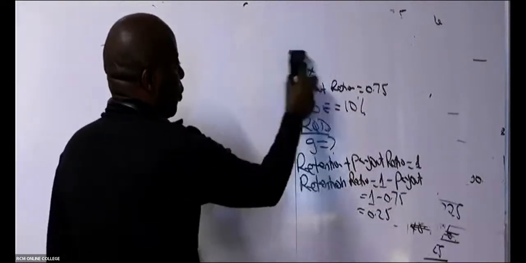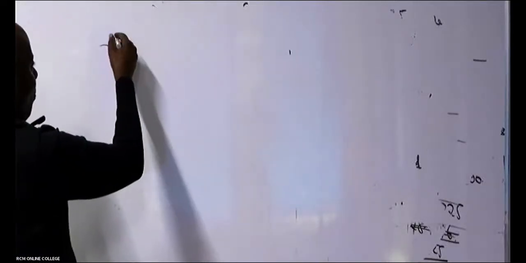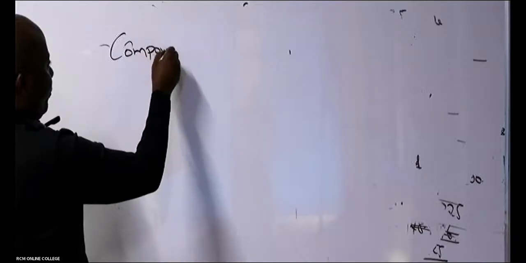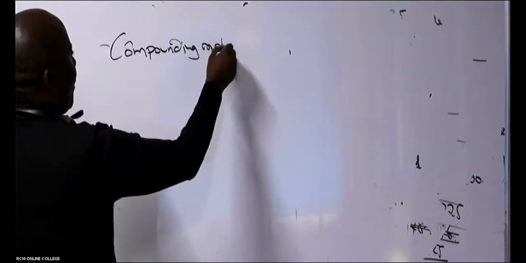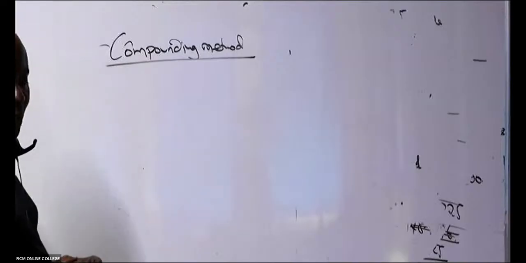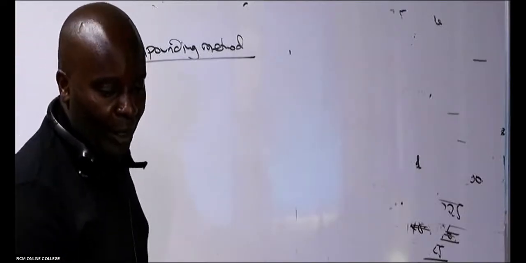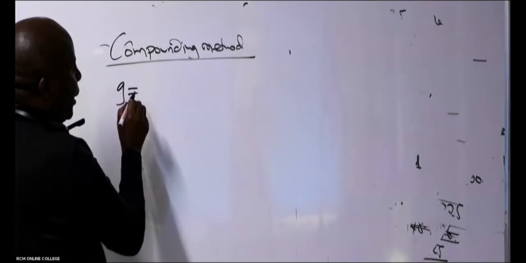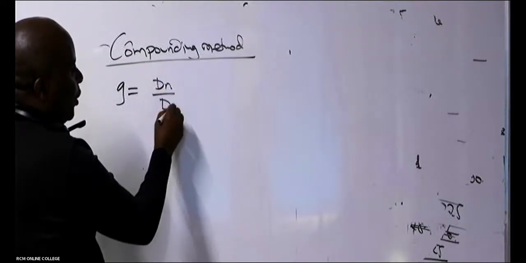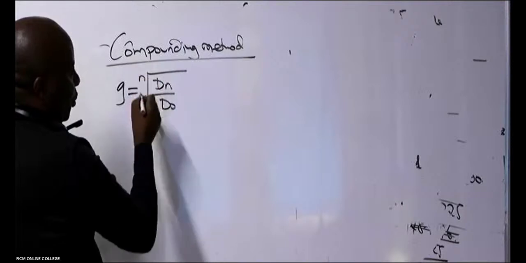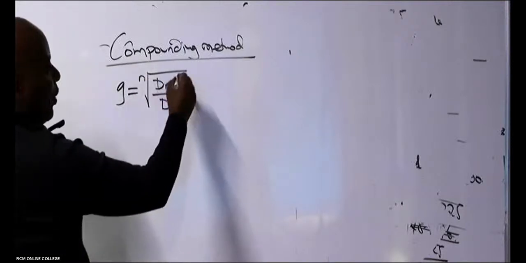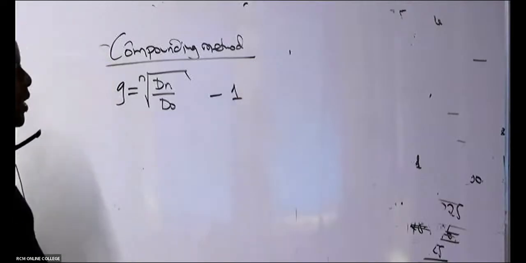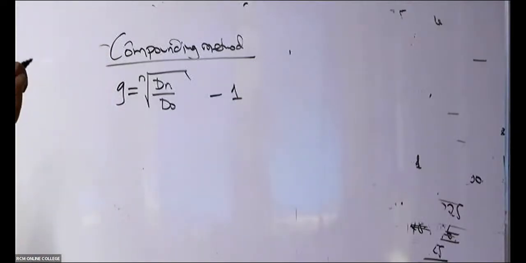Under the compounding method, what are we supposed to remember? We compare dividends, so we have Dn over D0, and then you take the nth root, and whatever you get, you take away 1. That gives the compounding growth rate from the compounding formula.